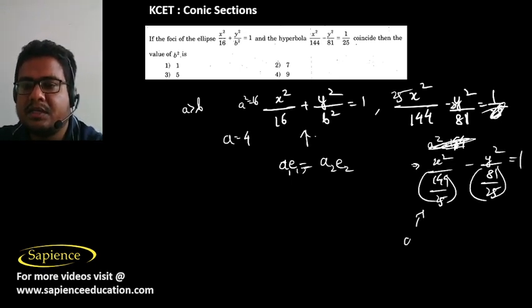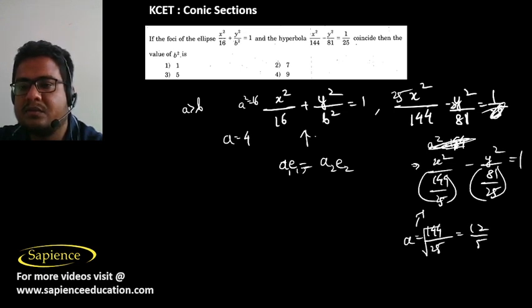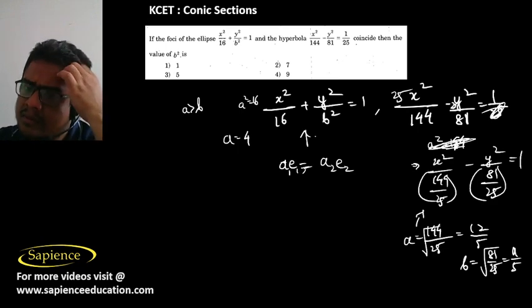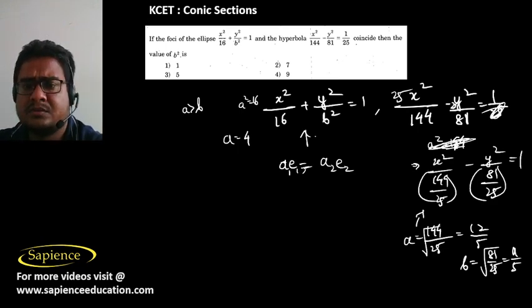So here A is square root of 144 by 25, so that will be 12 by 5, and B will be equal to square root of 81 by 25, that is equal to 9 by 5. Okay.